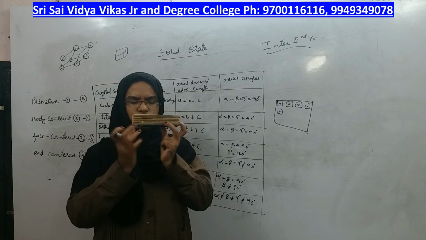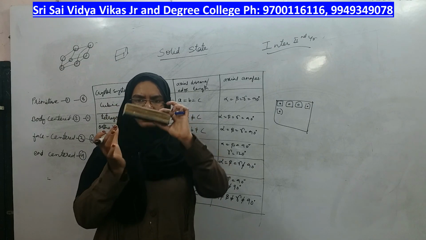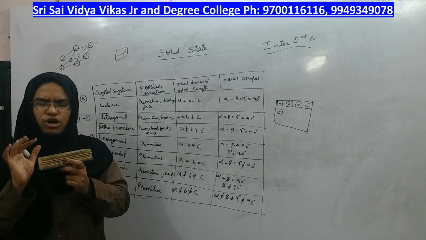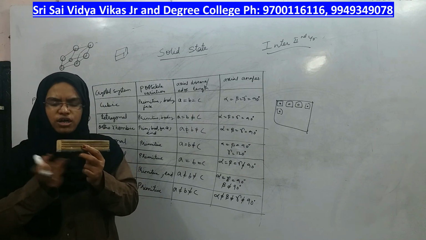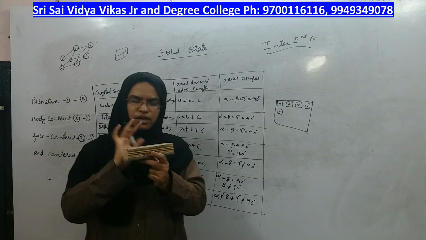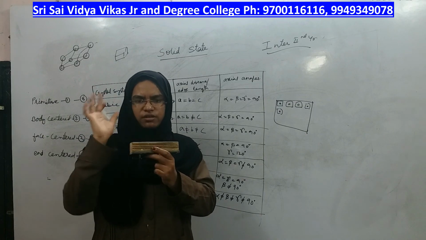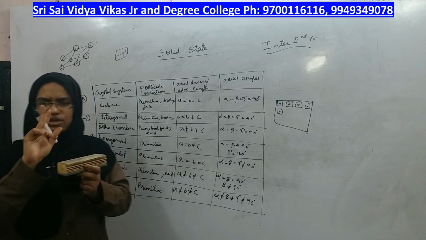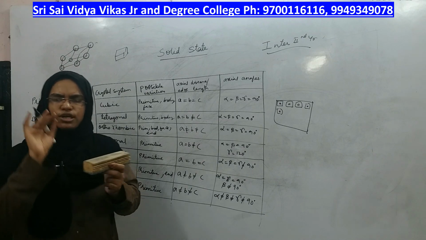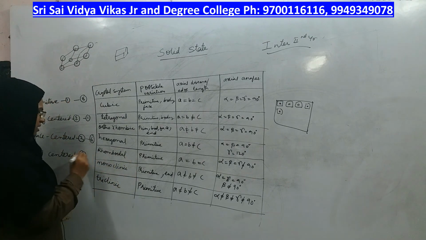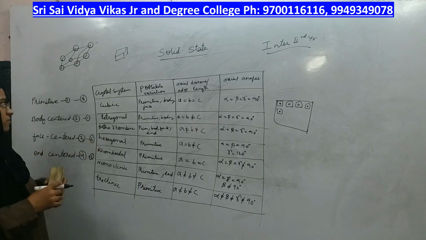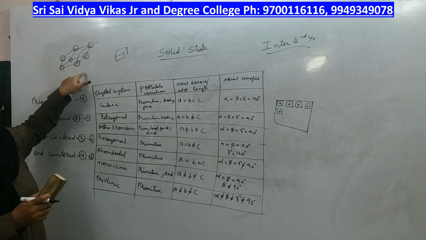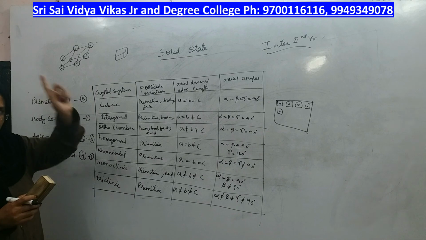In those two opposite faces, one atom here and one atom here, so only 2 atoms are possible for 2 faces, right? Corners are default. We should not count that.